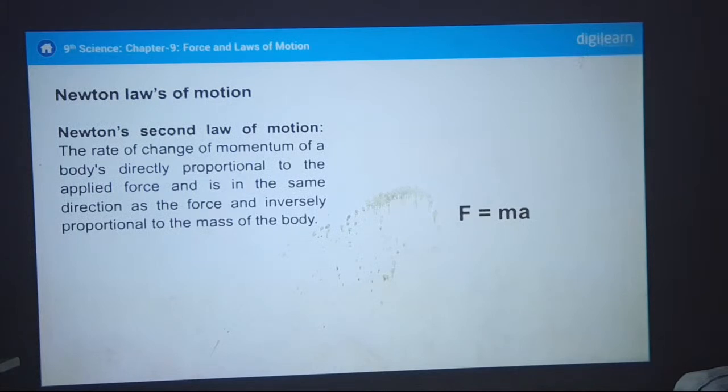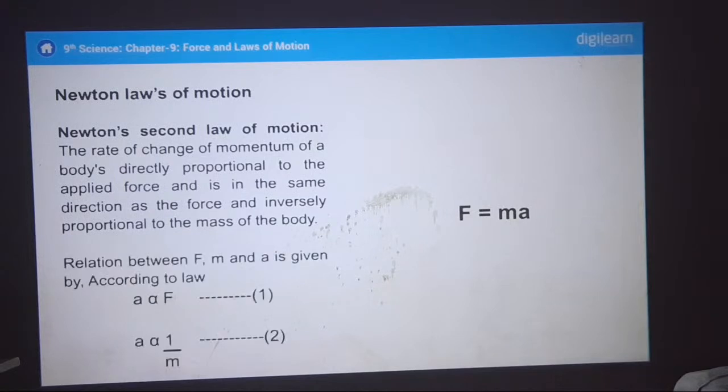This law states that the acceleration given to a body by force applied to it is directly proportional to the force and is in the same direction as the force and inversely proportional to the mass of the body. This law relates force, mass, and acceleration.